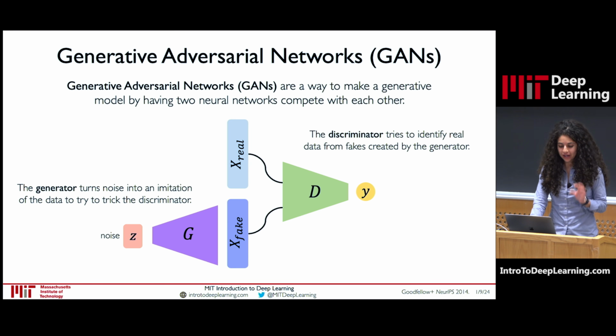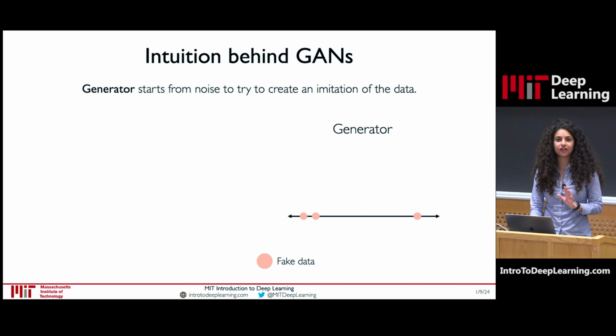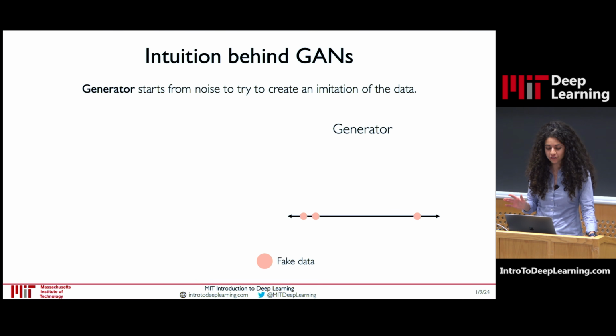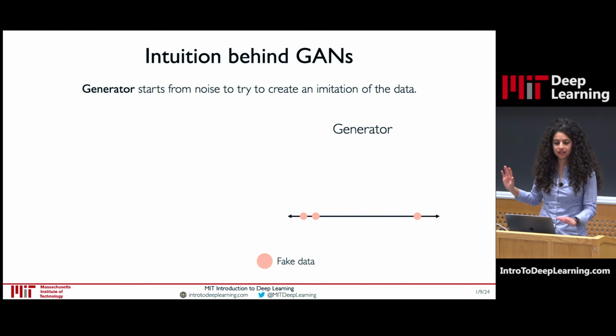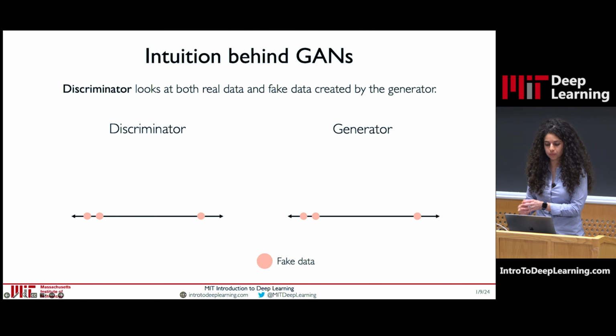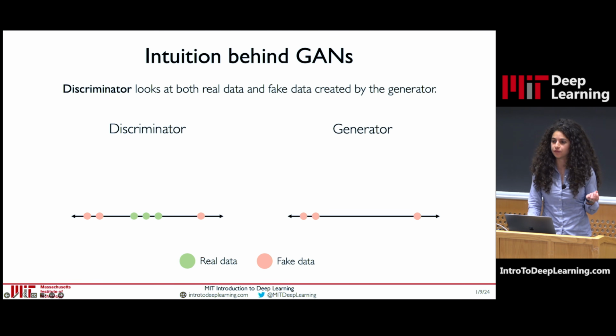And so to break down how this works, one of my absolute favorite illustrations, not only in this class, but ever, is as follows. And I think it gives hopefully a strong intuition behind how GANs work. So we're going to consider now points along this line. We have our generator here on the right. It's going to start from completely random noise and try to create an imitation of data. Let's say now these orange points are those fake data samples drawn from noise. Now the discriminator is going to look at these points. It's also going to see instances of real data.